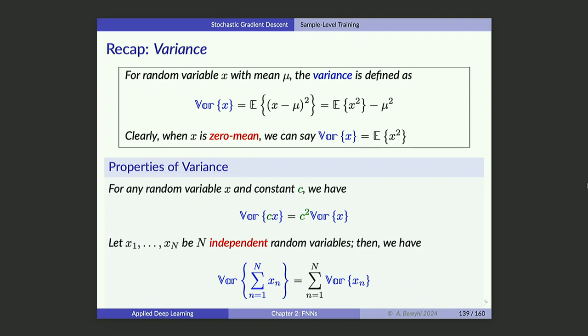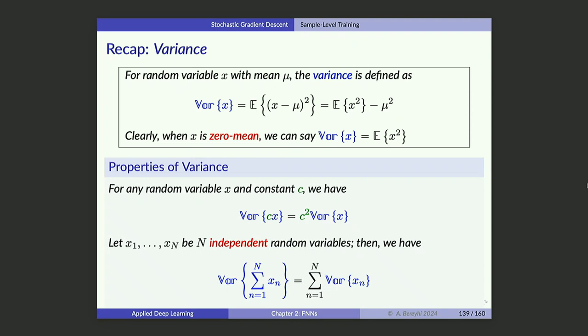Clear? If I have a bunch of independent random variables and I add them up, what is the variance of this summation? It is the summation of the variances, right? Not every summation of random variables has the variance equal to the summation of variances.